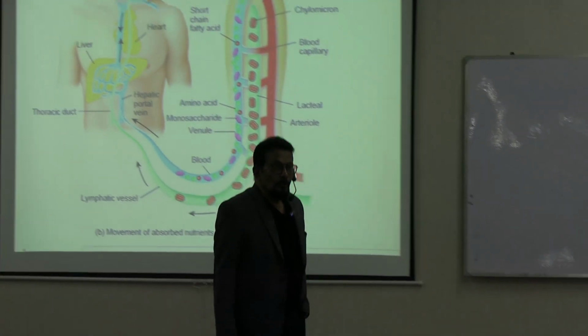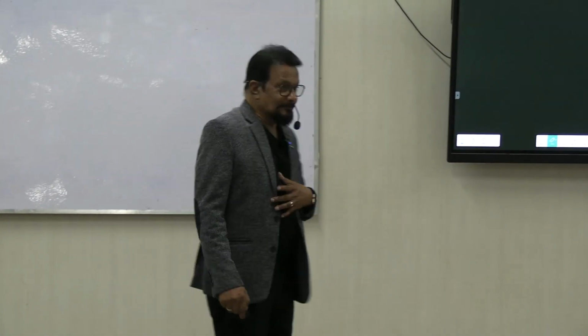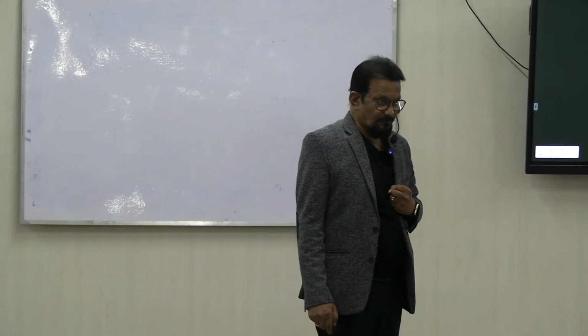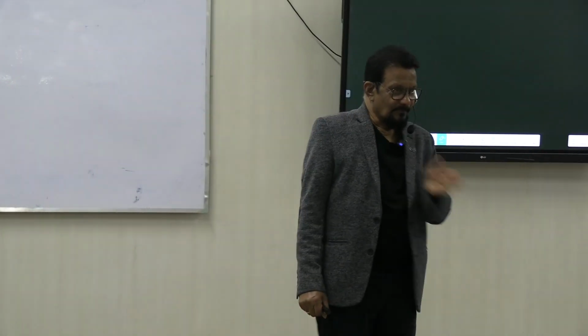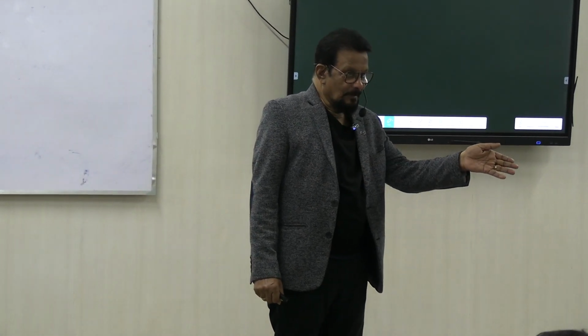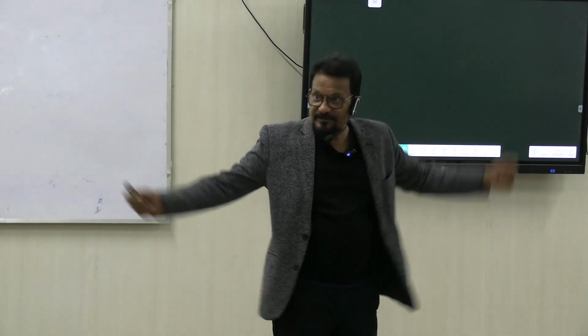So now, what they will do? I am the cell, I have absorbed the food from the lumen. Then what to do? I have to send it to the blood. No? But there are some digested products which are big. Say, for example, long chain fatty acids.